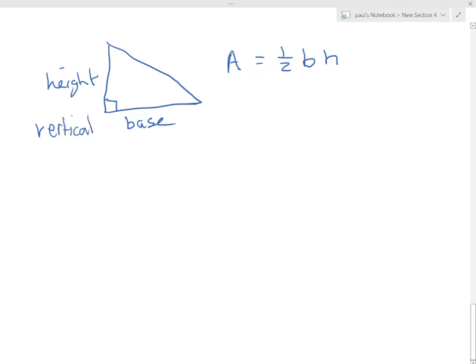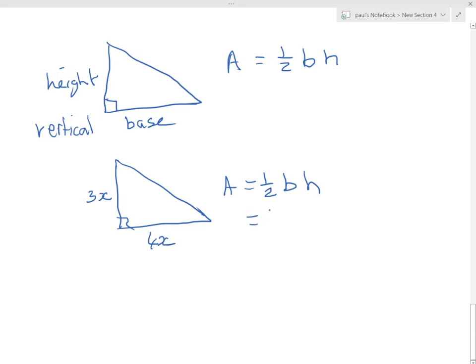So if we have a triangle with, let's say that's 4x and say the height is 3x. So the area equals half times the base times the height, which equals half times the base, which is 4x, times the height, which is 3x.